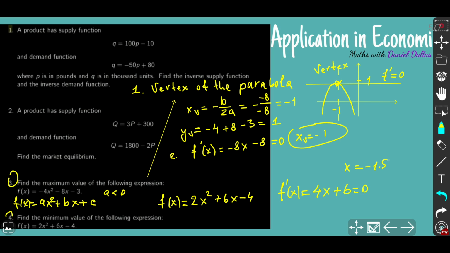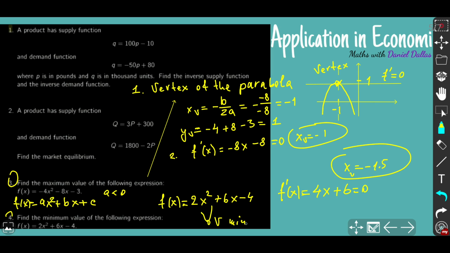-6 over 4. And right now we need to plug this value, so that becomes the vertex or the x-coordinate of the minimum, okay, because in our case the parabola goes upward and the vertex is the minimum point, so that's the minimum.